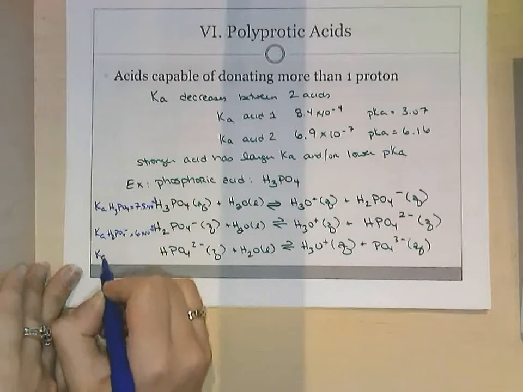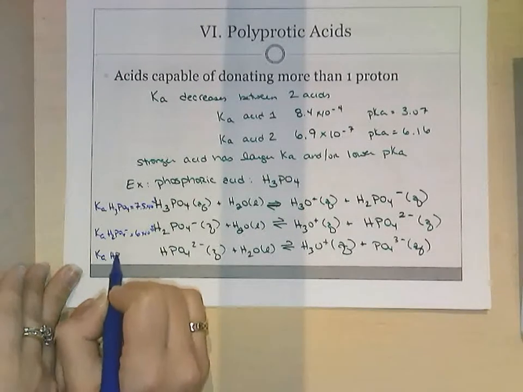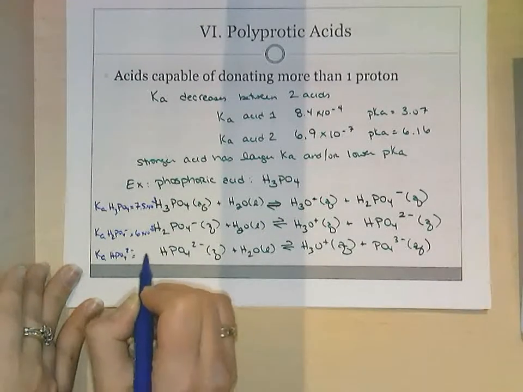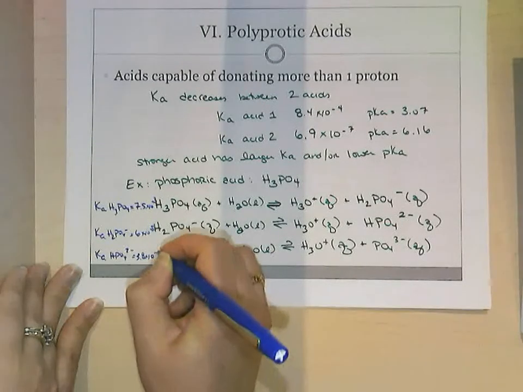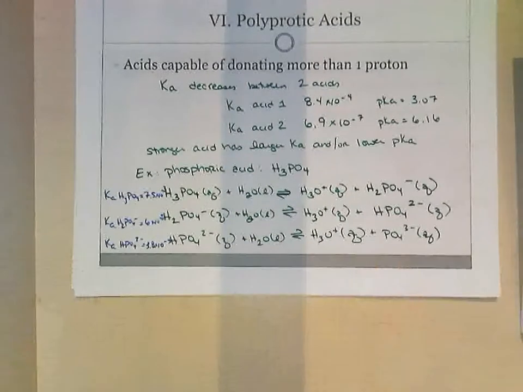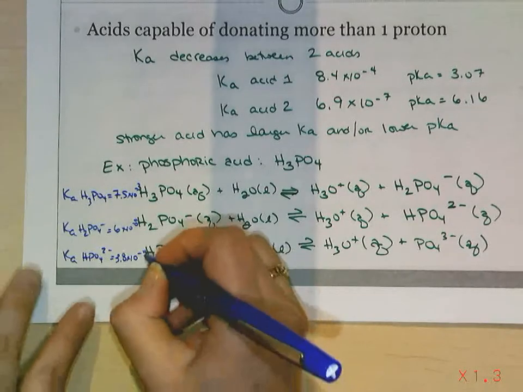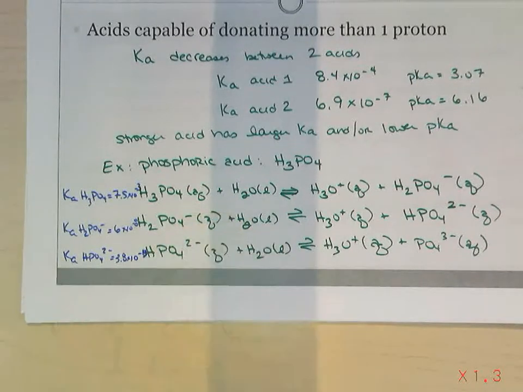And the Ka of HPO4 2 minus is 3.8 times 10 to the -13th. Those are really tiny. That's a 13. I ran out of space.